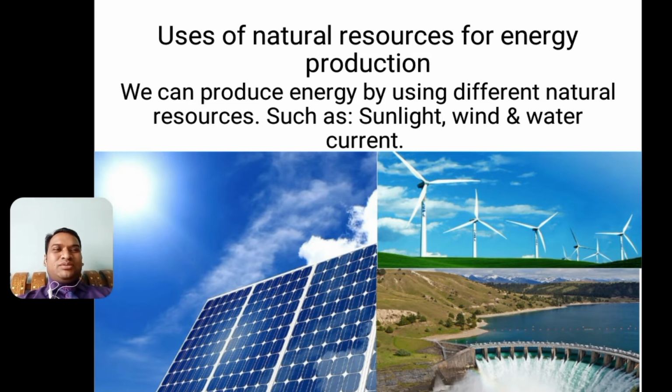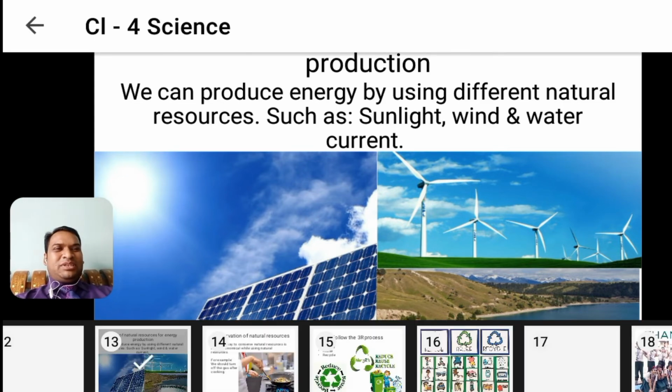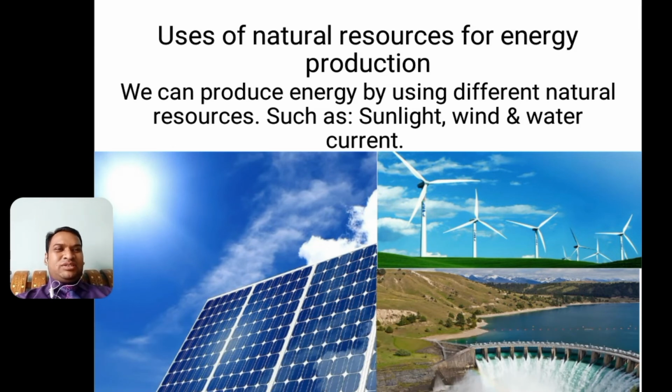From wind we can also produce electricity by using windmills or wind turbines, and also from the water we can produce electricity. If we produce electricity this way, it will be very helpful for us, because we will get this sunlight, air, water everywhere, and we can develop our life. We can use these resources in different activities.